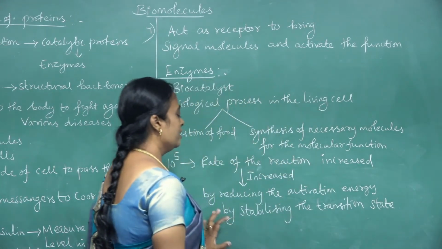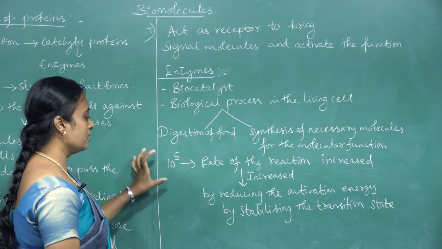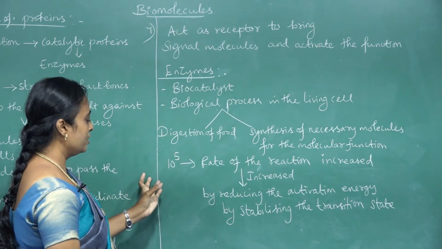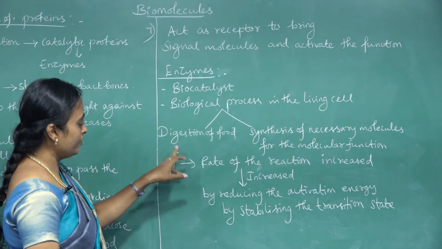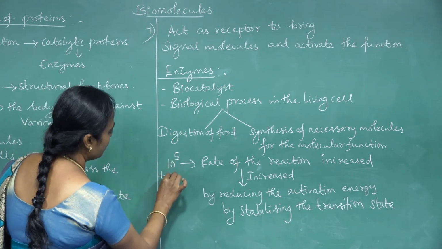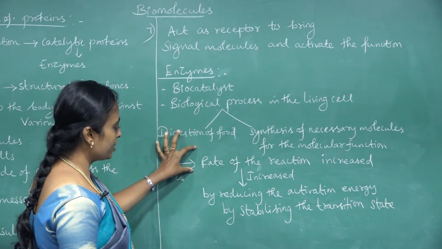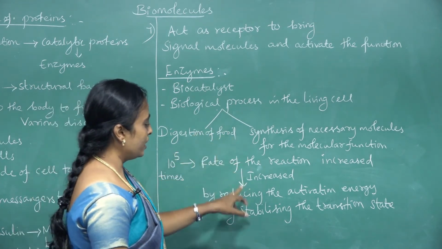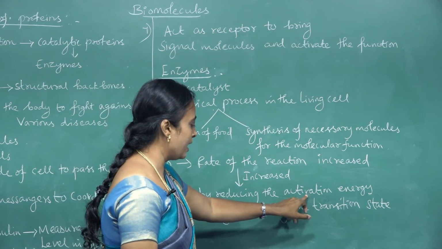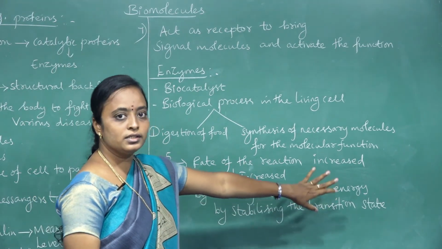Generally, if you use an enzyme as a catalyst, the rate of the reaction can be increased 10 power 5 times. How do you increase the rate of the reaction? By reducing the activation energy. And reducing the activation energy can be done by stabilizing the transition state.